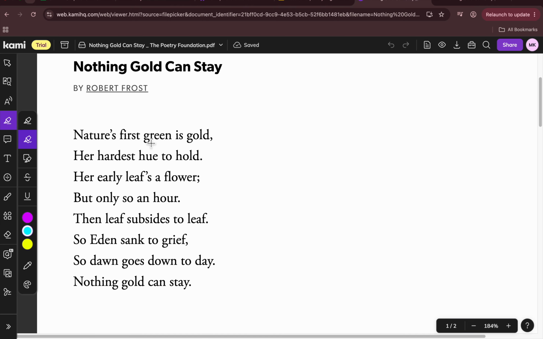But for diction, we just want to point out the words that are important. Now, how do you determine which word is important? Well, in a poem, most of them are going to be important. A lot of the times the end words, but it's the words that, even when you're reading, you kind of emphasize a little bit more. But more than that, it's also the words that if you ask the question, Robert Frost is writing this poem, why did he use this word as opposed to a different word, right?